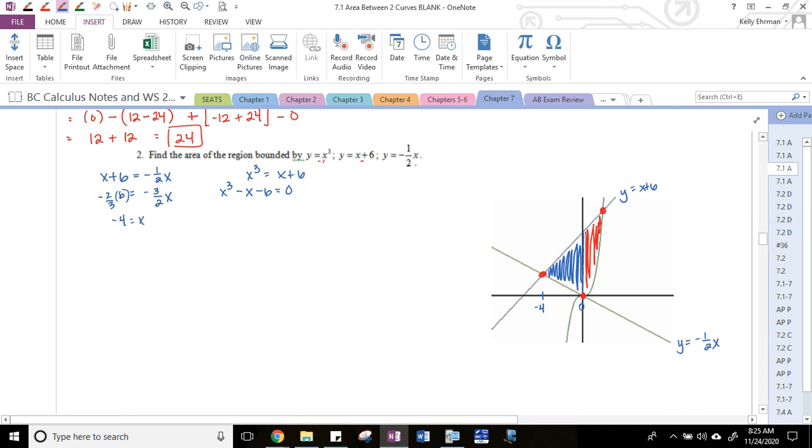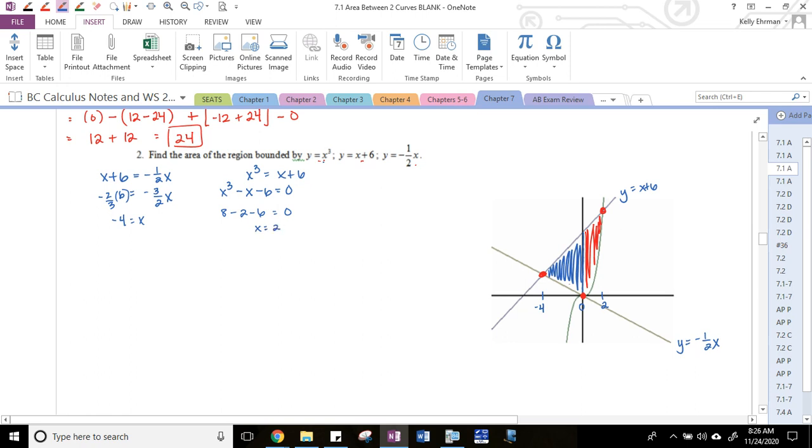So I'm just going to guess, what if I put in 2? 2 to the third becomes 8, minus 2 minus 6. That is 0. So I got lucky with my 2 guess. I might have also guessed 1 or something, but that is 2. So make it an educated guess. You wouldn't guess 4, because 4 is not a factor of 6. Okay, anyway, so x equals 2.